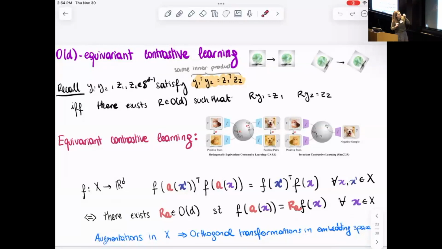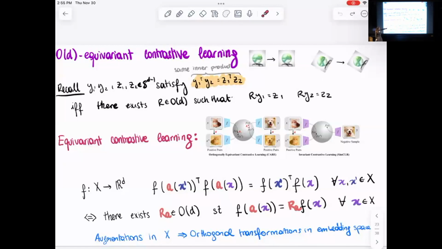Using that, we can define a loss function in terms of these inner products, also in terms of pairs like the original SimCLR loss, that says that what I want is that the inner products of the embeddings of the augmented different objects are the same as the inner products of the embeddings of the original objects.